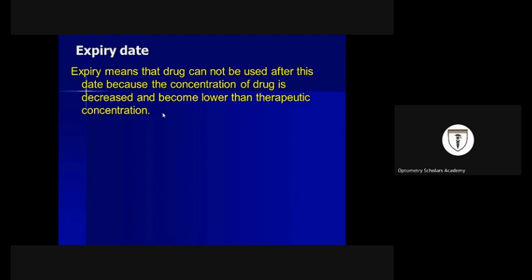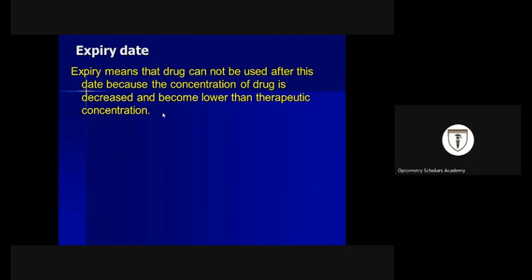Now talking about the expiry date of drugs. Expiry means that the drug cannot be used after this date because the concentration of this drug has decreased and is now lower than the therapeutic concentration.